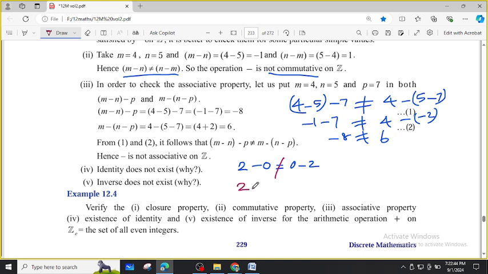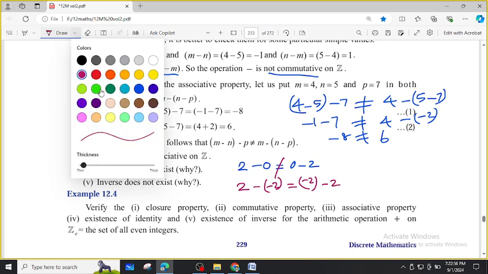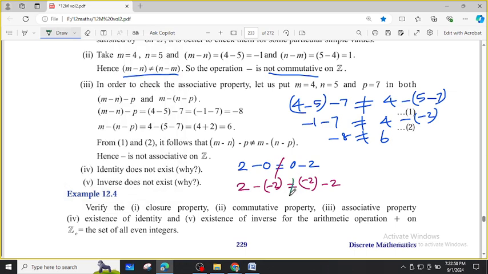Similarly, inverse. Suppose you take 2 minus, okay, minus 2, and minus 2 minus 2. Both are not equal. So clearly the inverse also does not exist. But for addition it exists. If you take addition, 2 plus 0 equal to 0 plus 2 equal to 2.